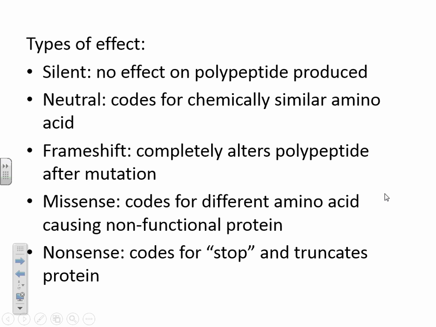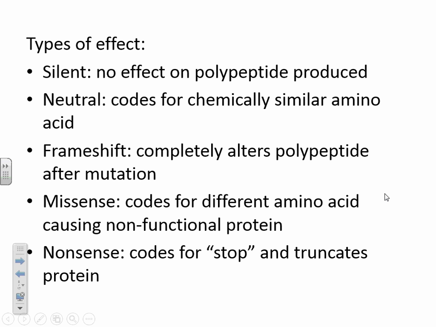Or you can get nonsense, well, it's not really nonsense, but nonsense, where a stop codon is suddenly inserted into it, so it doesn't allow the completion of the polypeptide. Of course, there are about 3 triplets that code for stop.